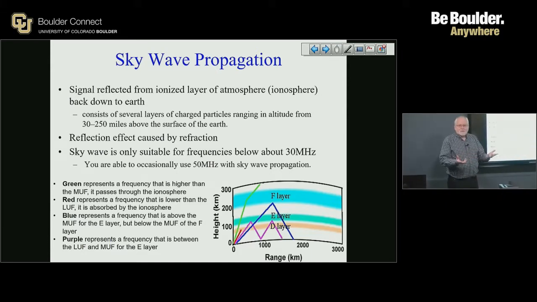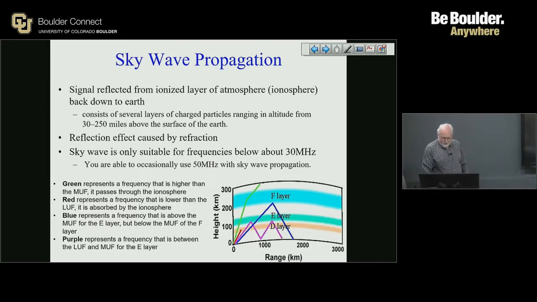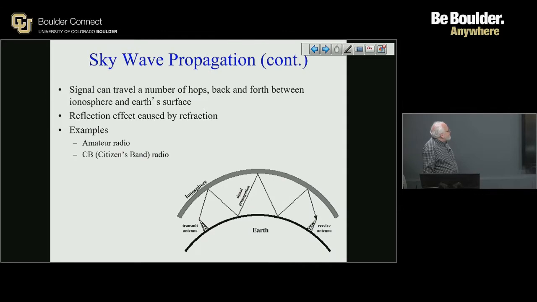So again, we don't do this on Wi-Fi because we typically are working at much higher frequencies, and you can't get a lot of bandwidth out of these. But it's just something that's interesting to note of how radio waves can bounce off ion layers. And in fact, if you're a ham radio person at all, then you may know that you can actually get multiple hops off the ionosphere and get propagation quite long distances around the world in these HF bands.